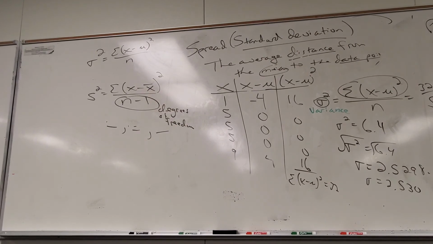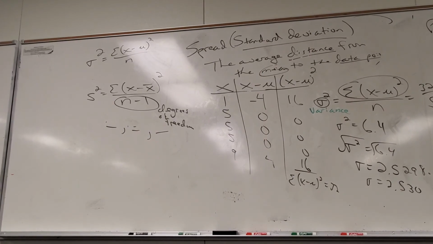Mine says error data type 1. You can't put an entire list of data into one spot. Make sure you highlight L2, so you're not trying to shove a whole list into one spot. The calculator's going to kind of push back at you. Just highlight it.